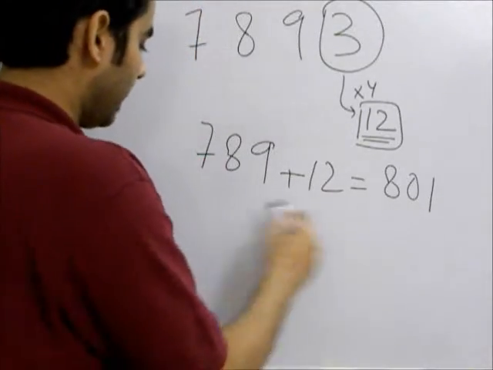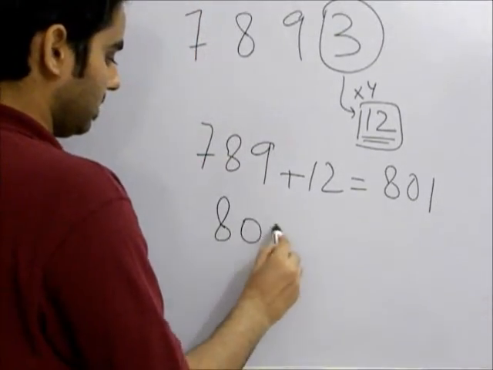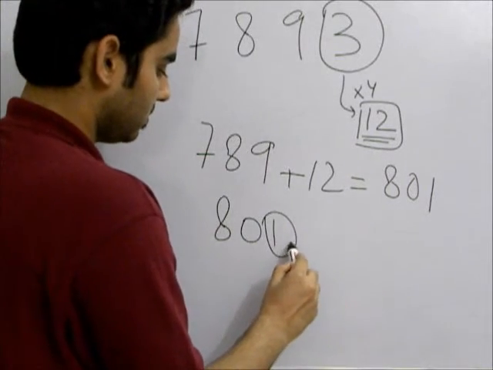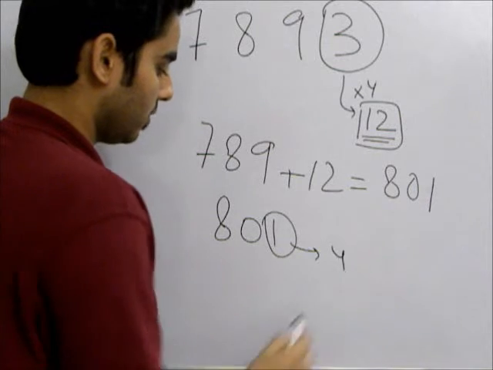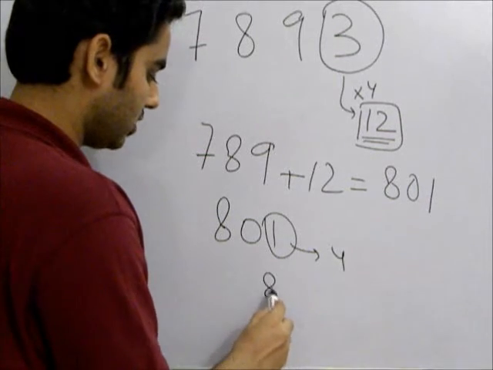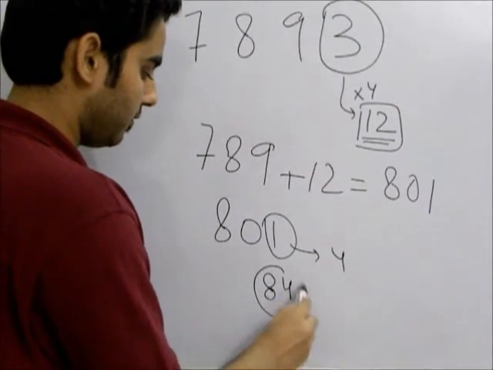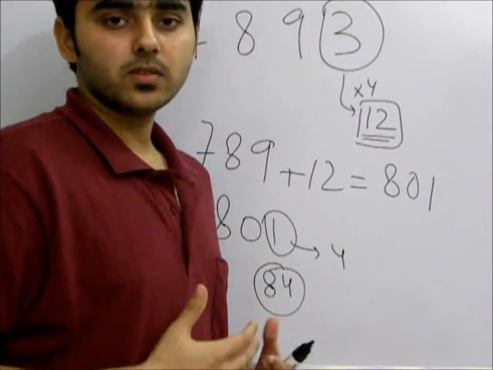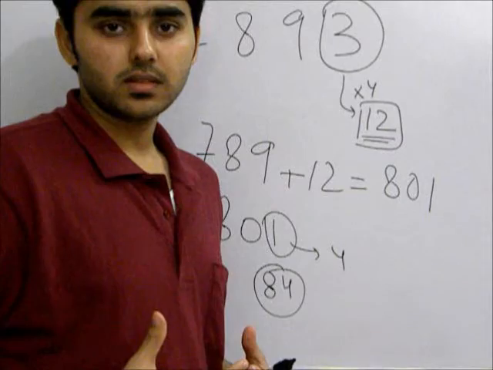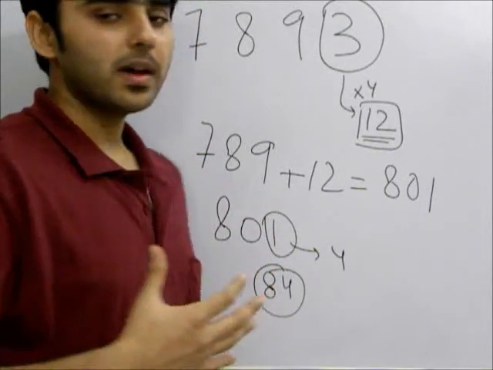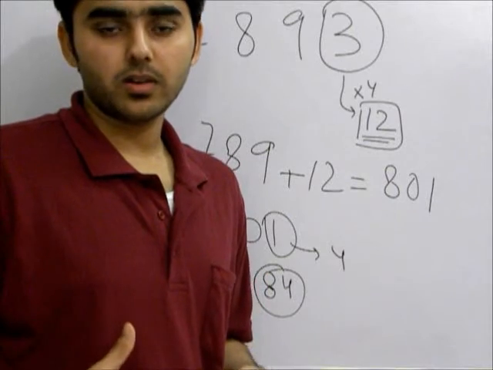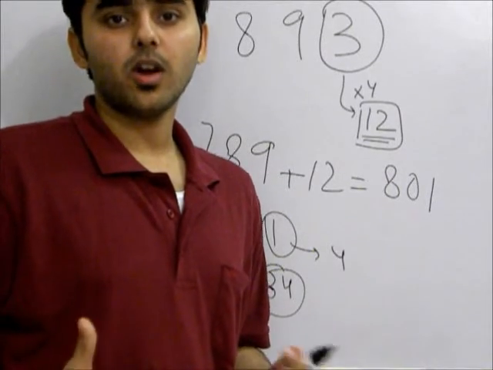Again, we'll multiply the last digit 1 by 4, which will give us 4, and we'll add to 80, that will be 84, right? So 84 is not a multiple of 13. In this manner we can tell whether a number is divisible by 13 or not.